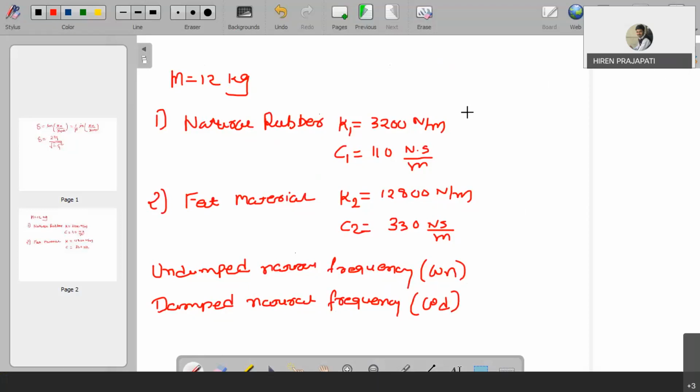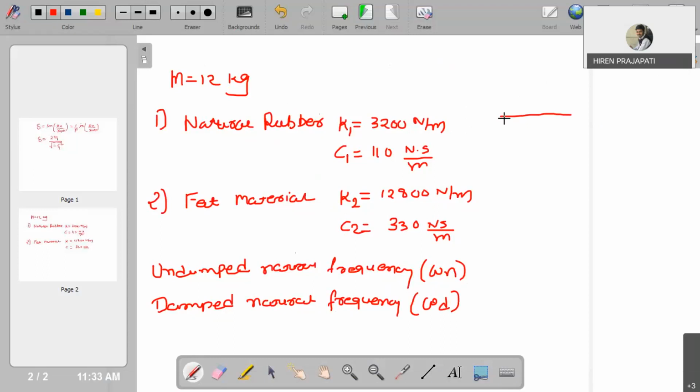So this much information is given. Now let me represent this system physically. The mass is 12 kg, so let us consider one rectangle to represent the mass of 12 kg.